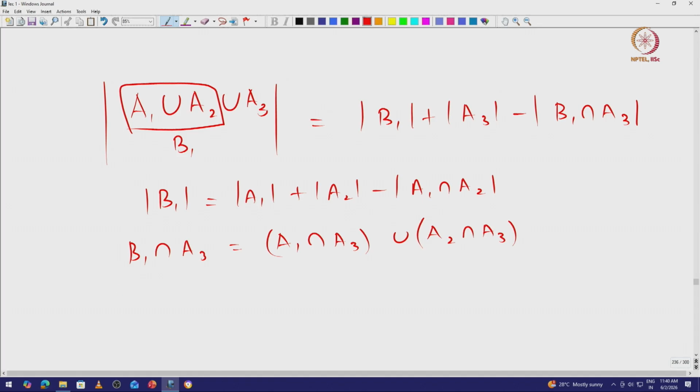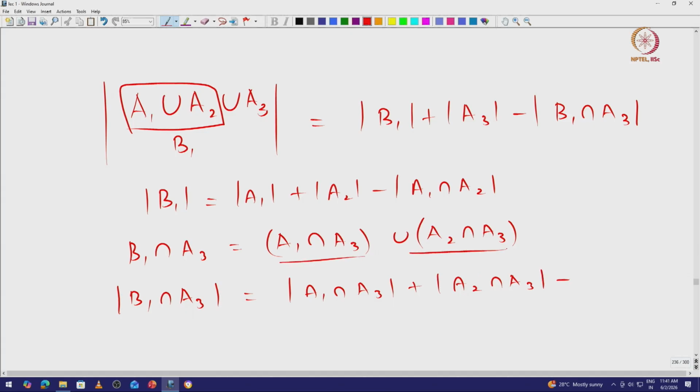So, the cardinality of B1 intersection A3 is going to be the cardinality of A1 intersection A3 plus the cardinality of A2 intersection A3, then minus the cardinality of the intersection of these two, which will be A1 intersection A2 intersection A3.